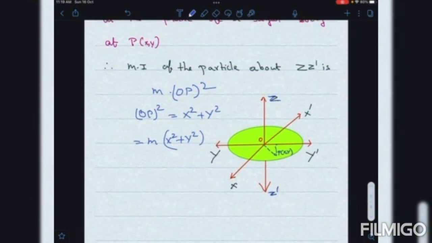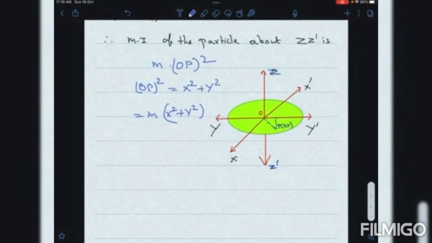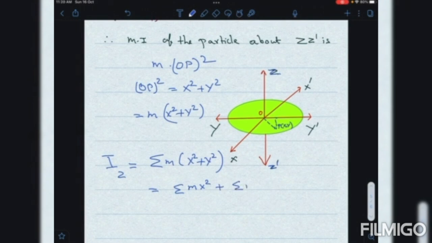Therefore, for the moment of inertia of the whole rigid body, you have to sum over all the masses. So Iz is equal to sigma m into x square plus y square. You can just open up the brackets: sigma m x square plus sigma m y square.